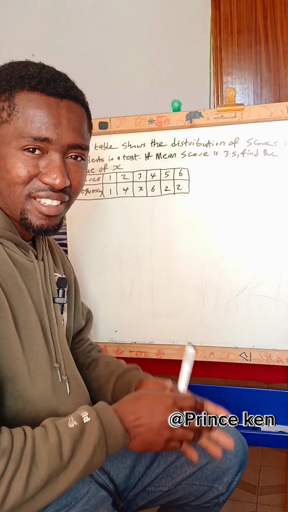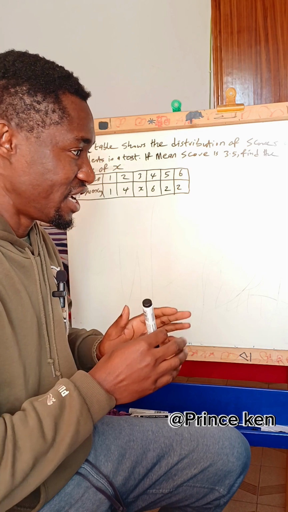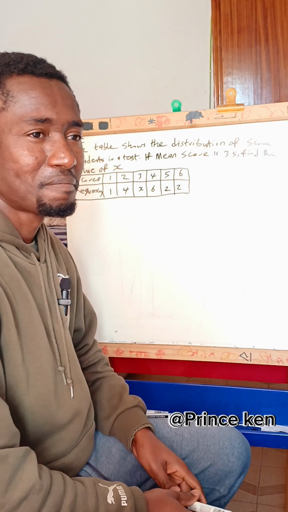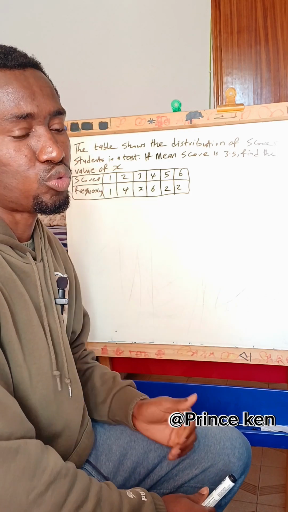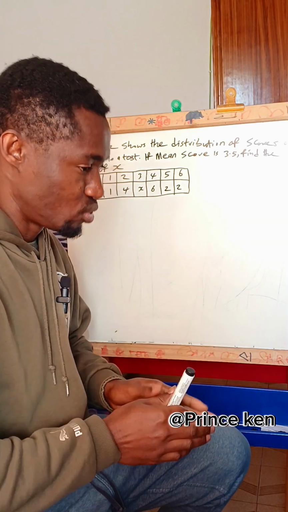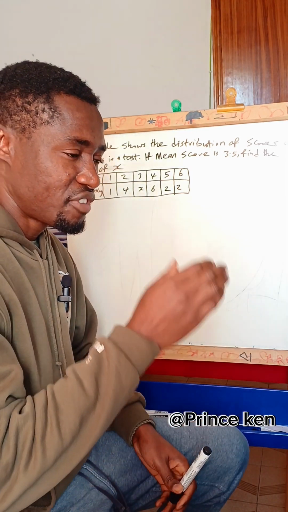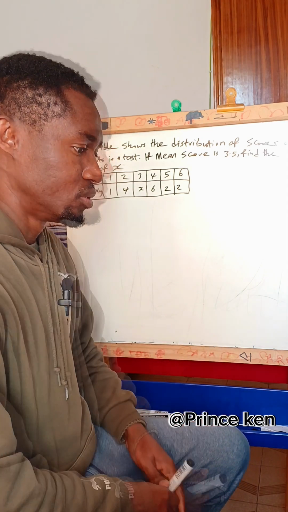The problem you guys have is that you don't have the chance, you don't have the energy to understand mathematics. Laziness. If you are to be able to solve mathematics, you must learn how to understand the rules that guide each question, because every question in mathematics has its own rule.